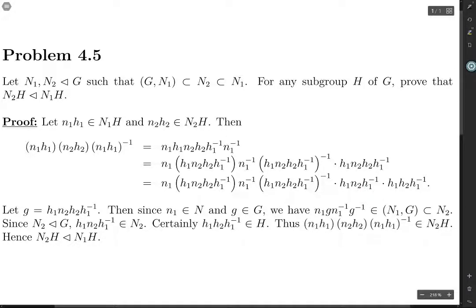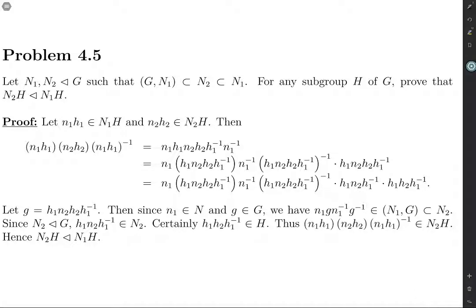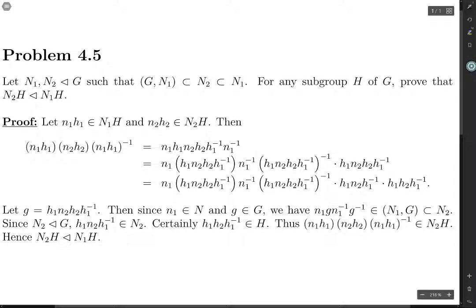Now we take our element g to be this thing in parentheses above here. So certainly this is going to be some element of G. But furthermore, n1 is in N by definition. In fact, it's in N1, and N is not defined here, so that is a typo. This should be n1.